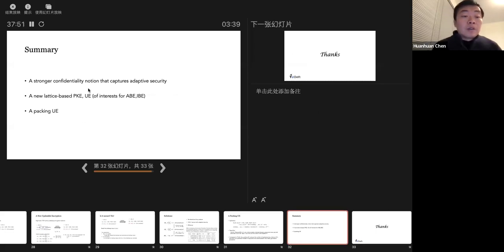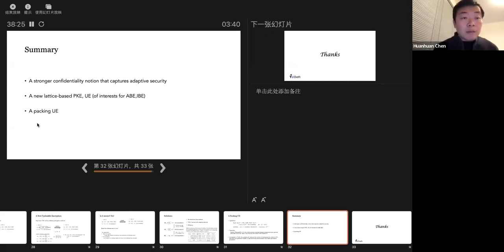Okay. To summarize our work: we propose a stronger confidentiality notion that captures adaptive security, and we first propose our lattice-based PKE. And then we further use the techniques of lattice-based trapdoor to construct updatable encryption, which uses two algorithms, the merge algorithm and also the sampling algorithm.